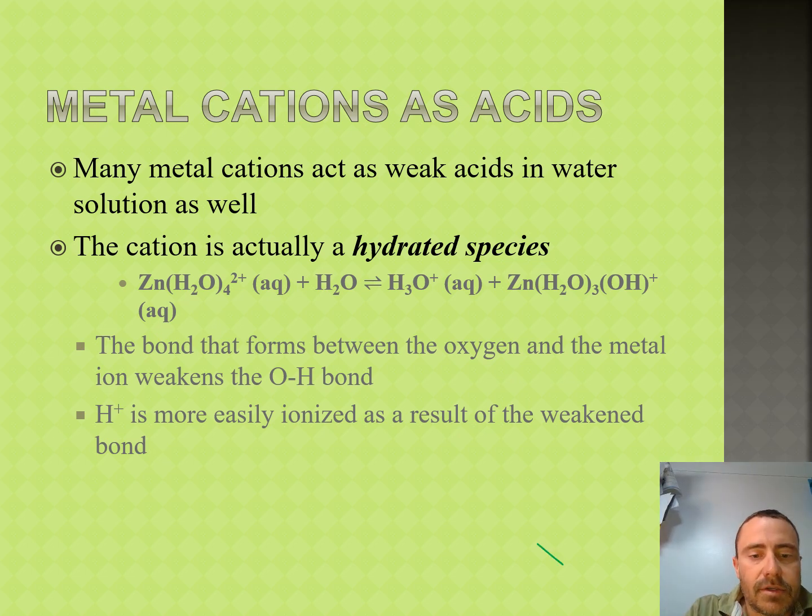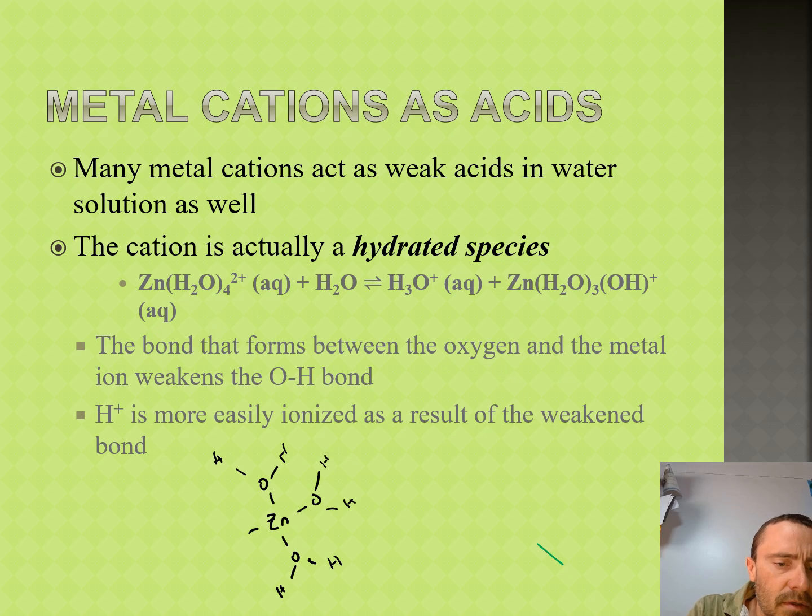So if we draw this out a little bit, I can show that I have zinc, and it's going to surround itself with water molecules, like so. What's happening here is that the zinc is positively charged. This is zinc 2 plus in there.